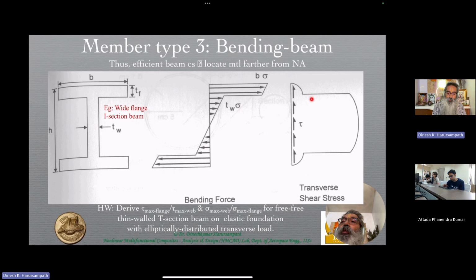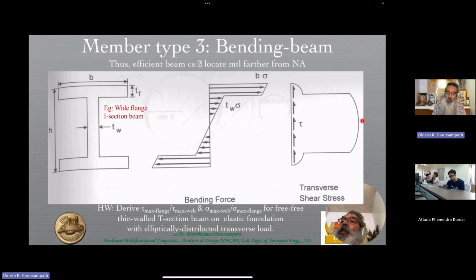On the other hand, if you plot the shear stress, which we saw is parabolic for a rectangular cross section, here it becomes piecewise parabolic with a jump. Just like here, the piecewise linear had a jump at the interface where the breadth suddenly became large. Here also the breadth becoming small actually makes the stress more in this particular case, which is what you see as a jump over here.